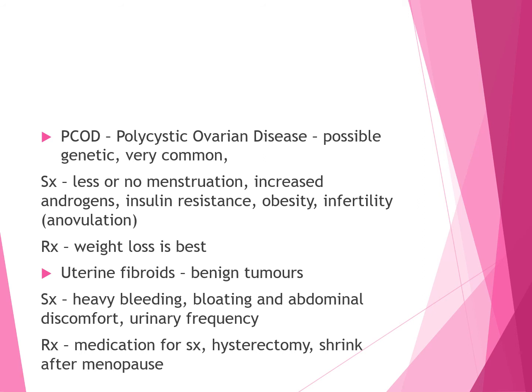If the bleeding is more, then you give hysterectomy or medications. Many times, naturopathy is also good in this uterine fibroid. But if there are no symptoms, then don't give any treatment.